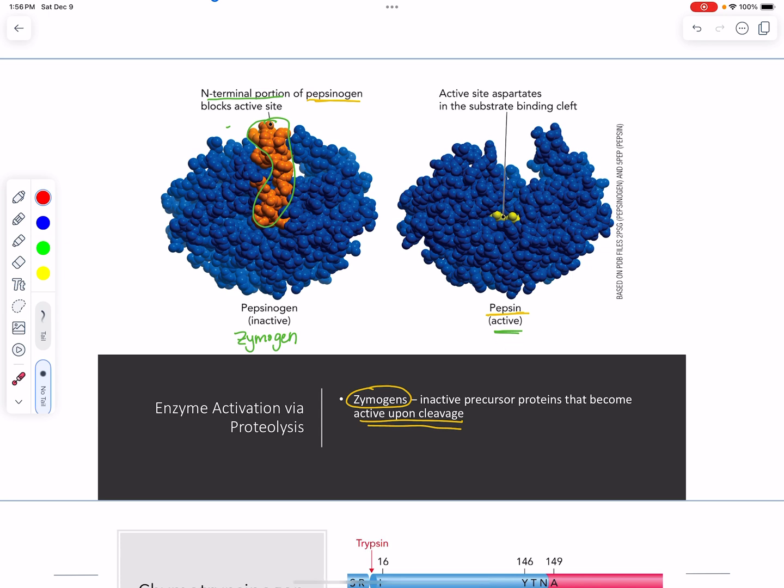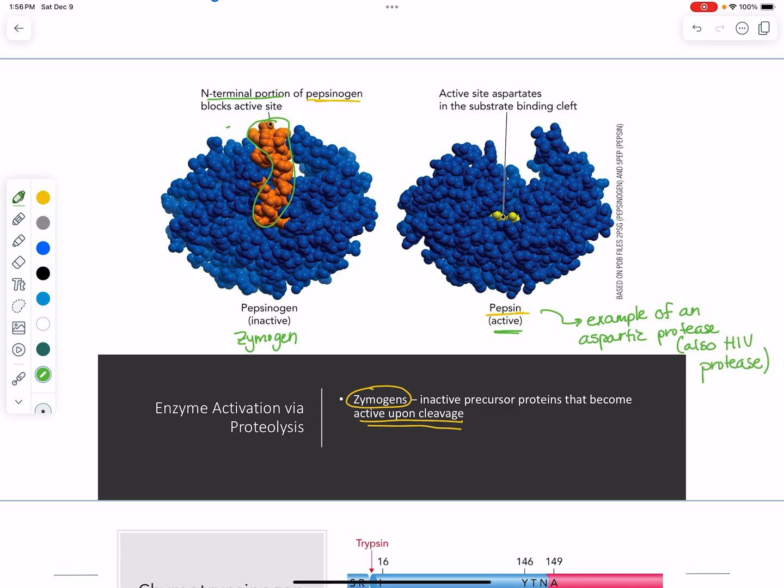So pepsin is an example of an aspartic protease. The HIV protease is also an aspartic protease.